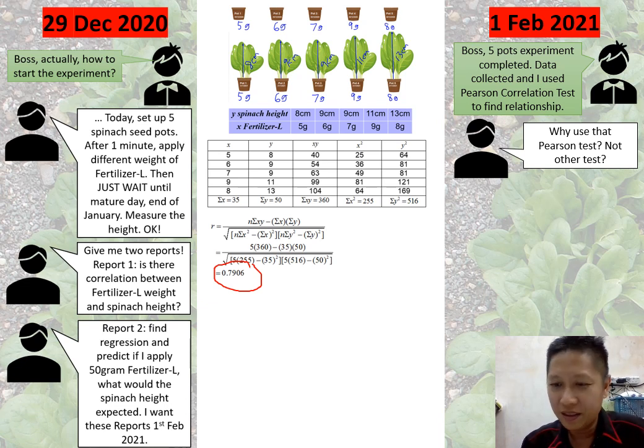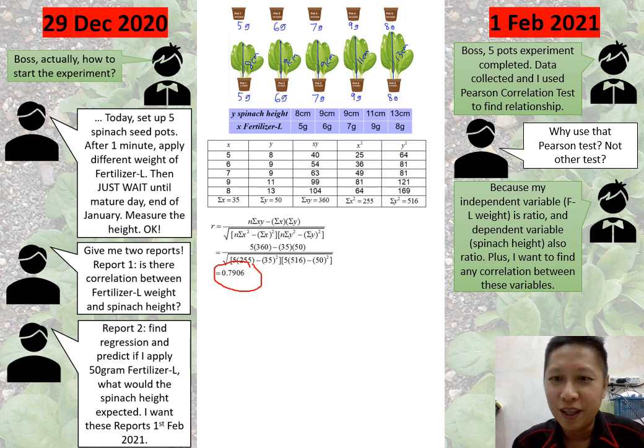Tell me why. Staff: Oh, boss, let me explain. Because my independent variable, that is the fertilizer weight, is a ratio number, and then the dependent variable, the spinach height, is also a ratio number. Plus, my intention is to find, is there any correlation between those variables?